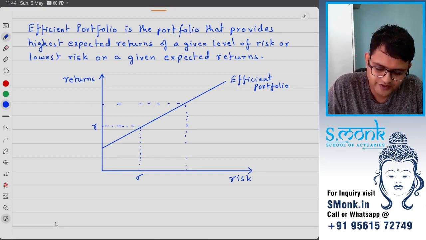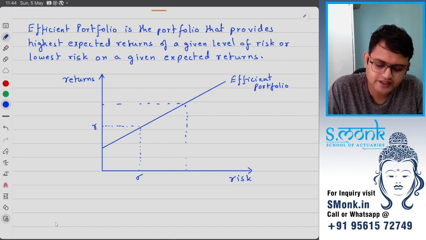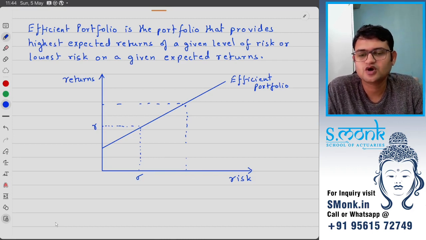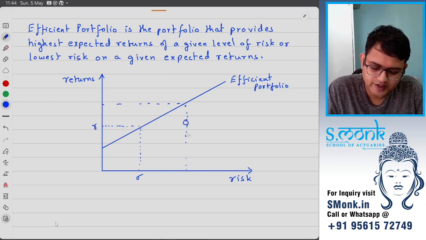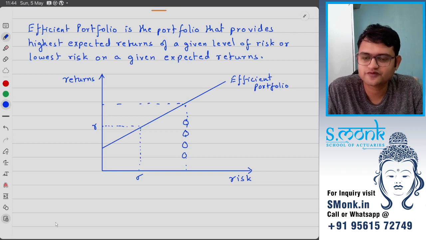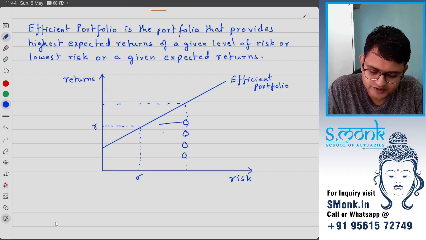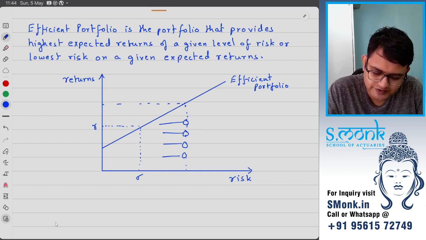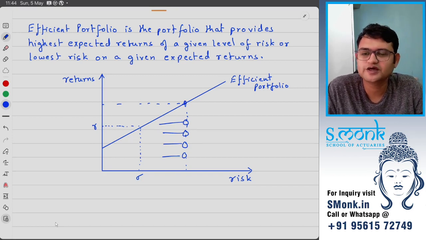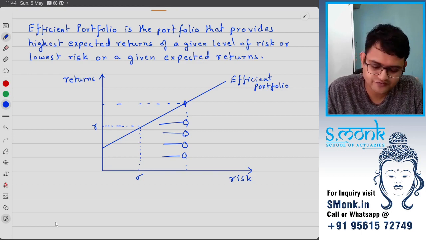So you are going for the highest returns possible on that risk. You are not going to take this returns, or this returns, or this returns. You will choose the highest. So we'll say this is the highest possible returns on this level of risk, and that is why we have chosen that point.